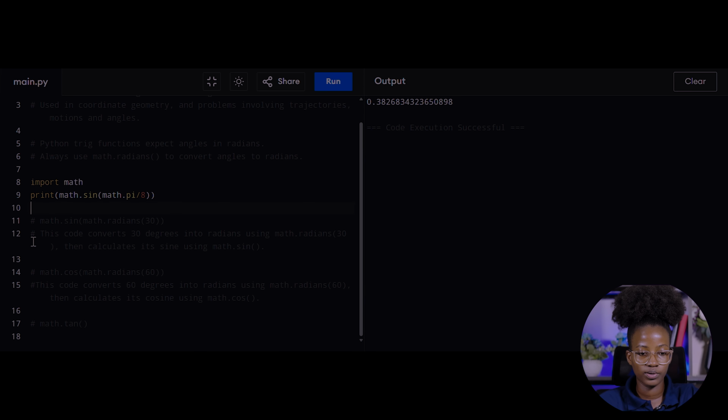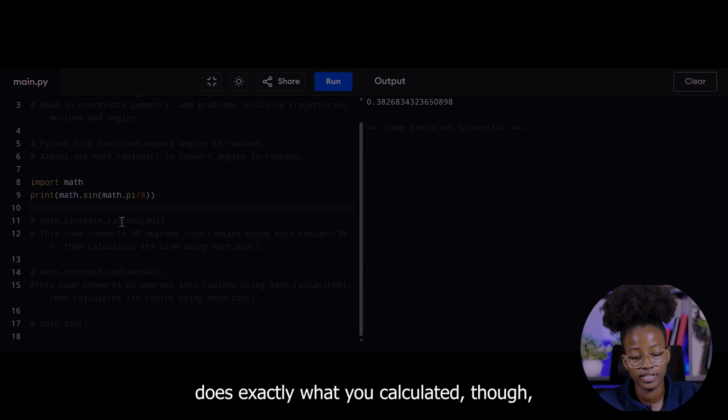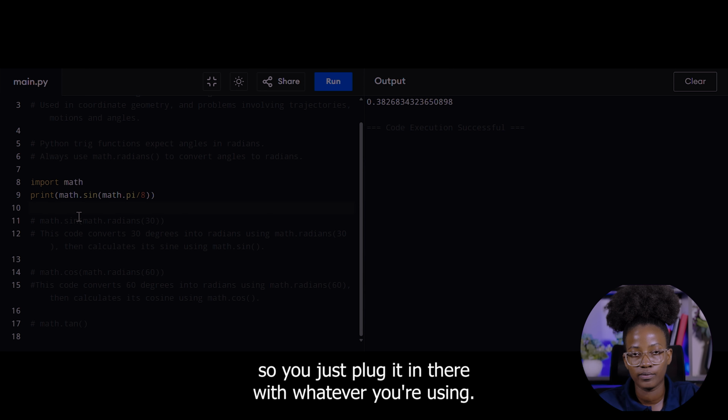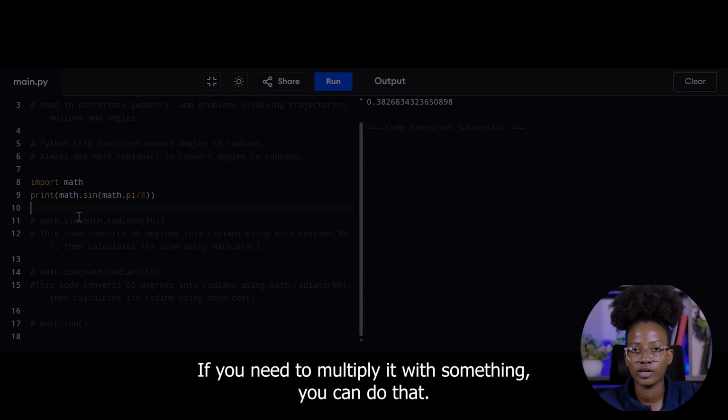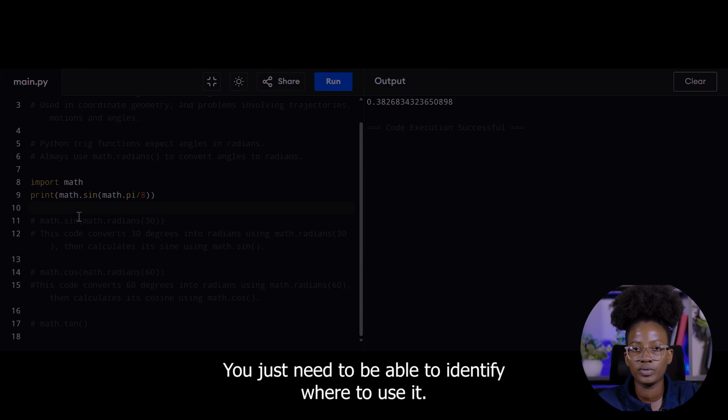First we're going to look at math.sin. As I said earlier, math.sin does exactly what your calculator does. You just plug it in there with whatever you're using. If you need to multiply it with something, you can do that. If you need to divide it with something, you can do that. You just need to be able to identify where to use it.